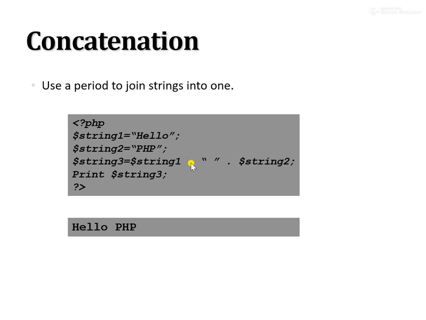Like here, string 1 is assigned the value hello, string 2 is assigned the value PHP, and string 3 is string 1, concatenation operator, then inside these quotation marks we put one empty space, and concatenate this with string 2. So string 3 will be hello space PHP. When we print string 3, you will get something like this.